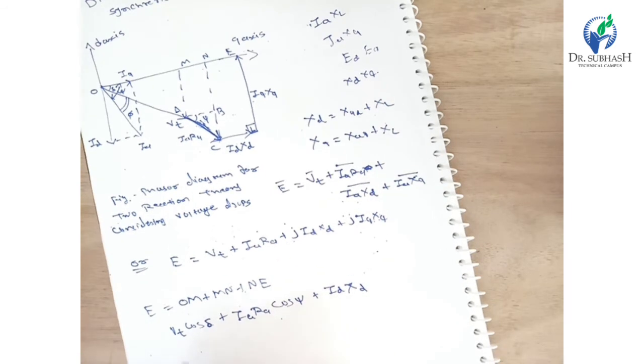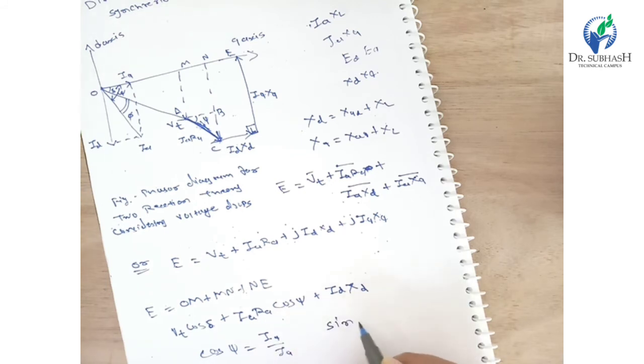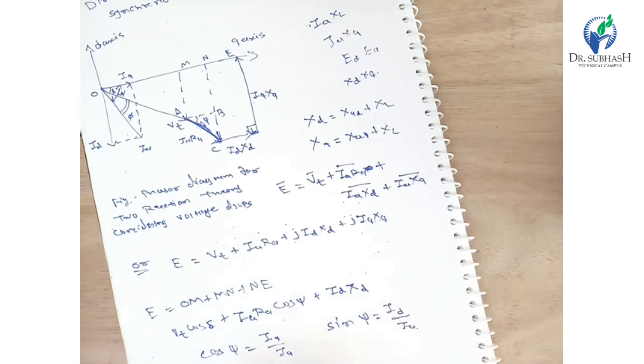So the value of cos psi is equal to Iq upon Ia, and we know that sine psi is equal to Id upon Ia.